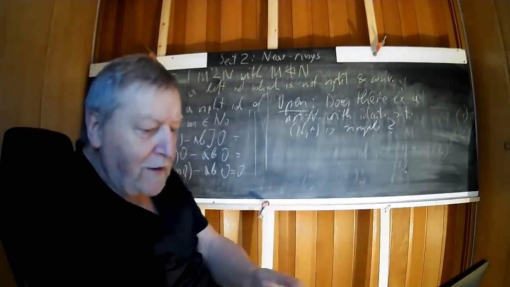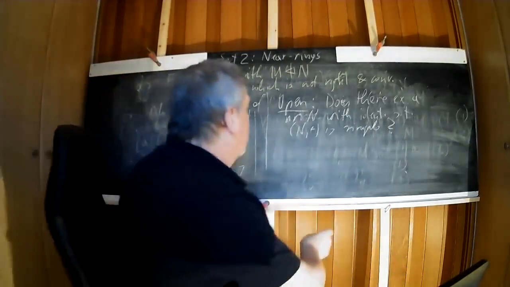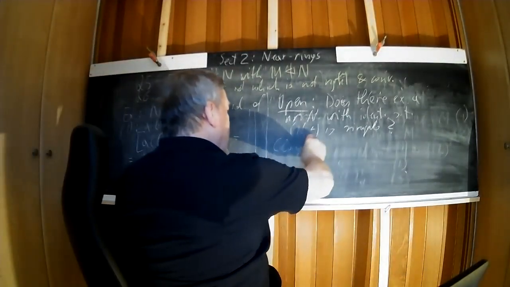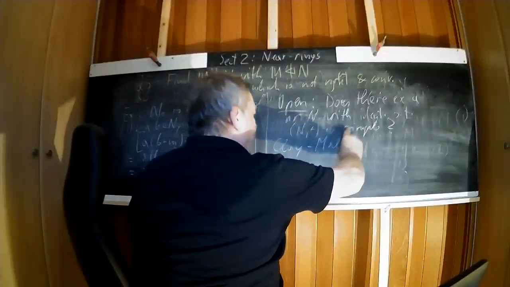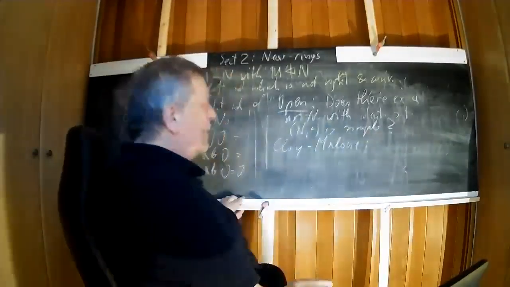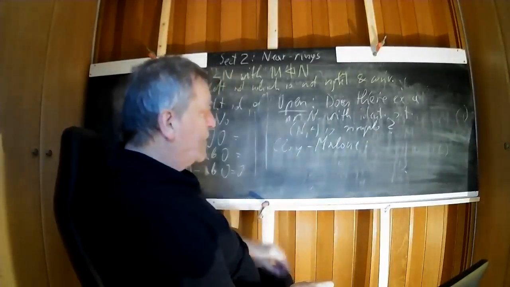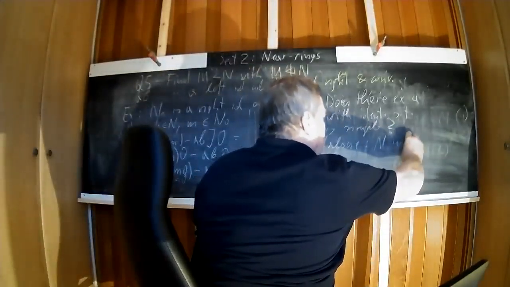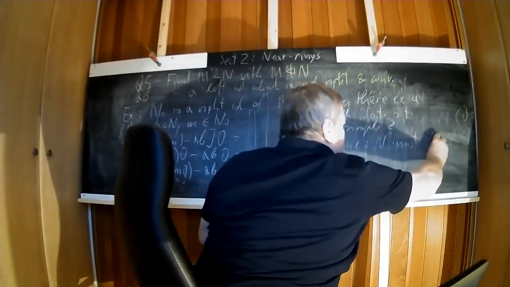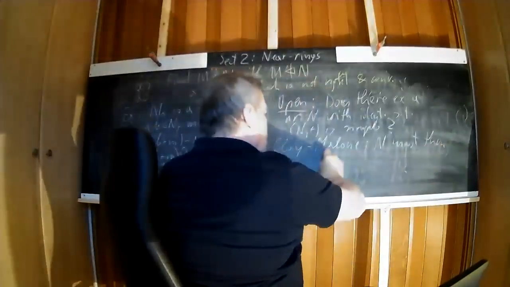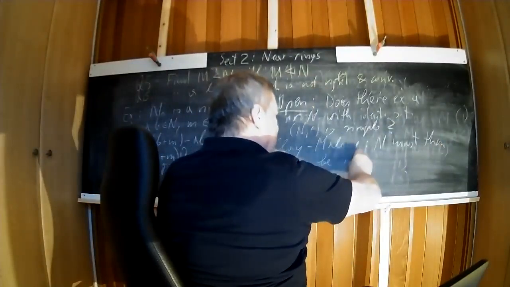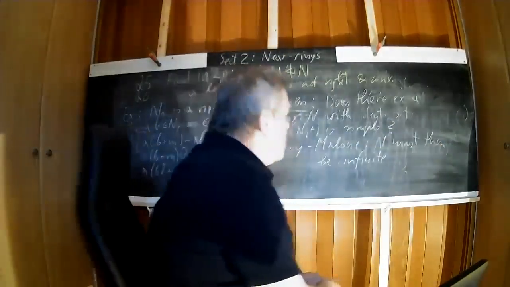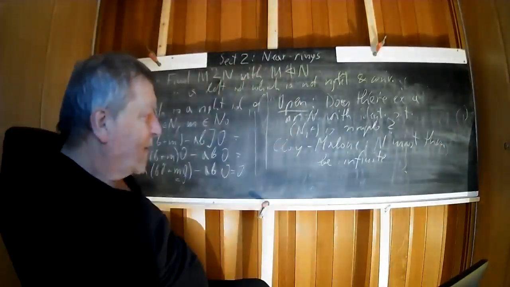There exists an old result by Clay and Malone, saying that if such a near-ring exists, then N must be infinite, unless it's a finite prime field.